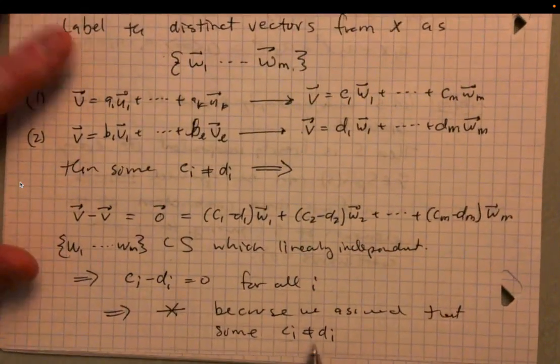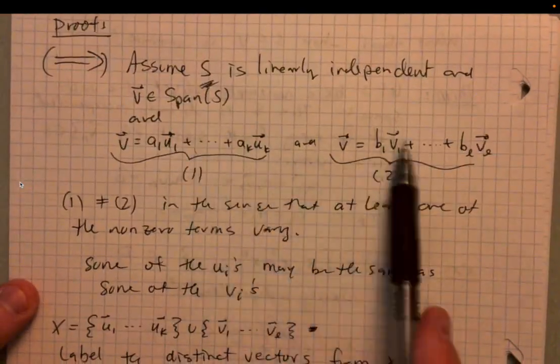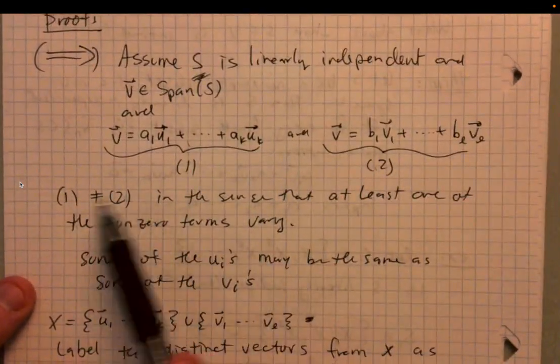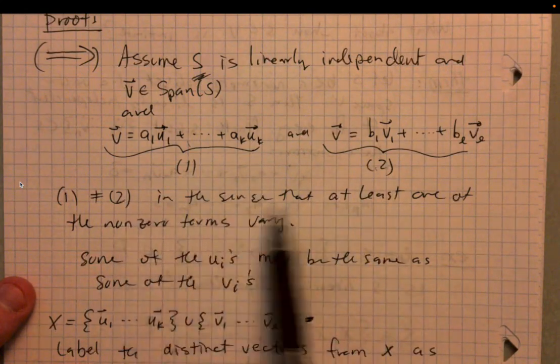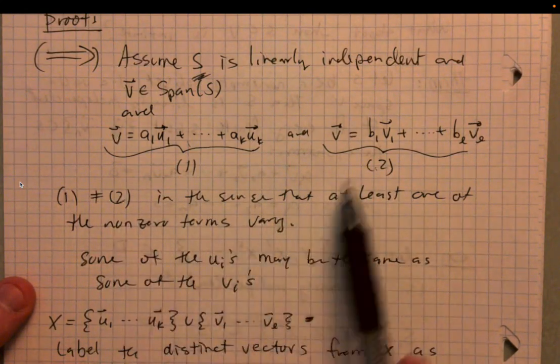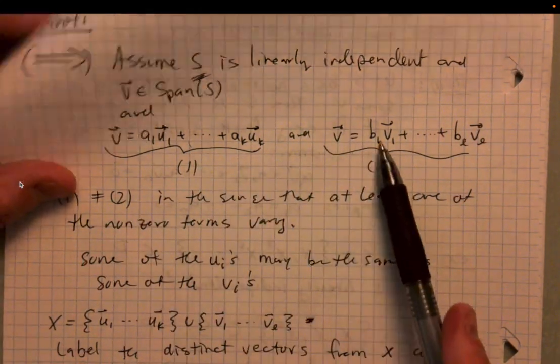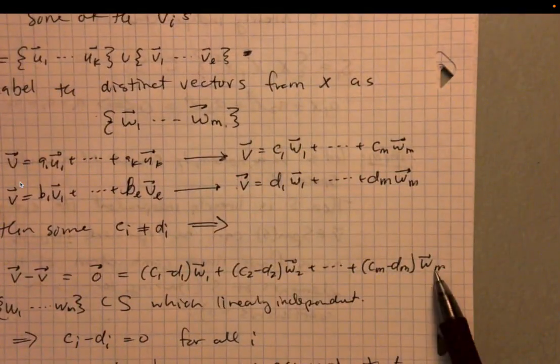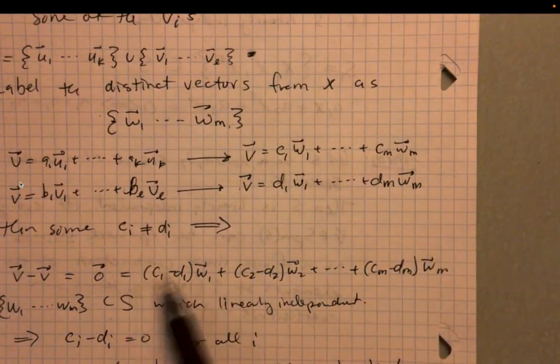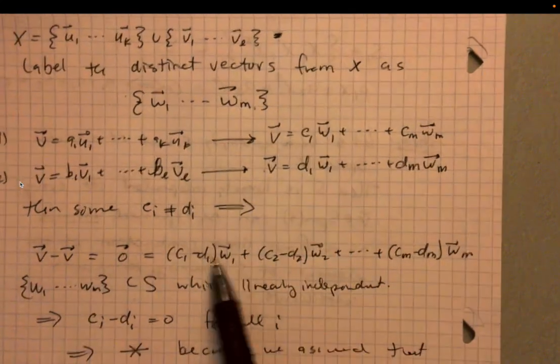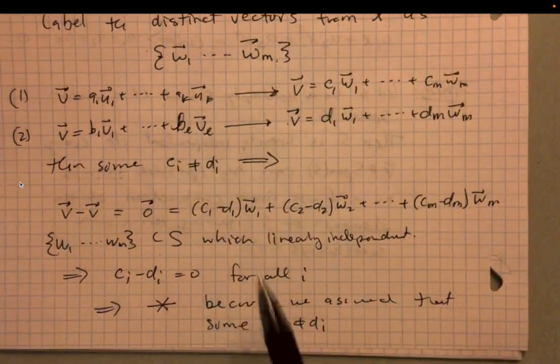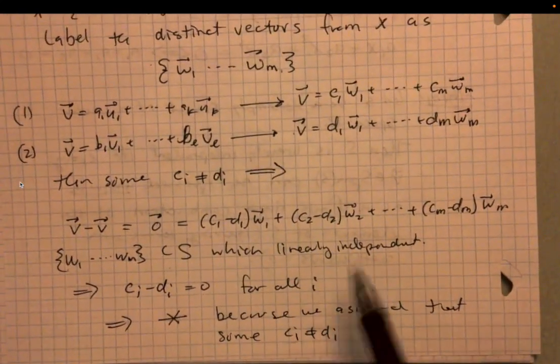We assumed this up here. Remember, the two combinations differ in the sense that at least one of the non-zero terms varies. Now we've aligned all the vectors, so the only way they can vary is in the coefficients, or the scalars up front. So we have a contradiction.